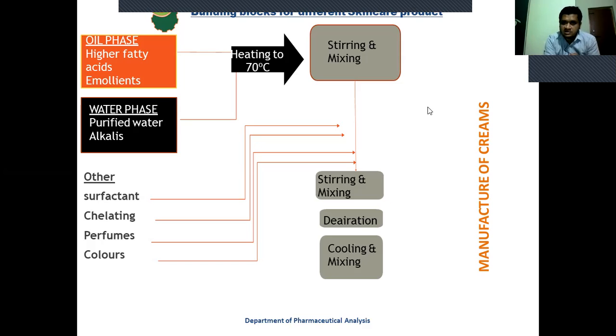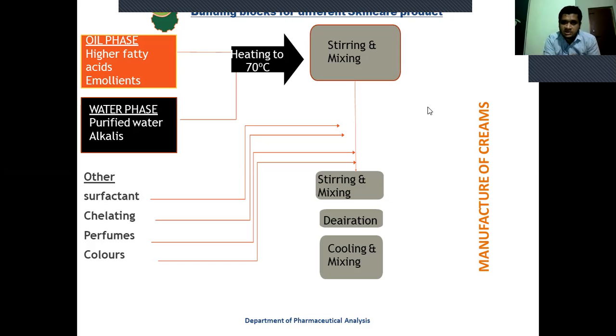You have to select which ingredients in the formula come under the oil phase, and which ingredients come under the water phase. That is the first criteria. After selecting that, you have to take two beakers, and separately in the two beakers you have to heat these ingredients up to 70 degrees.